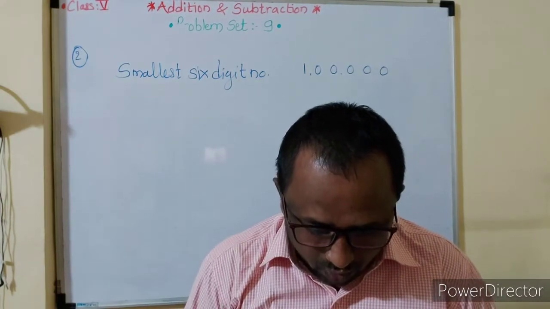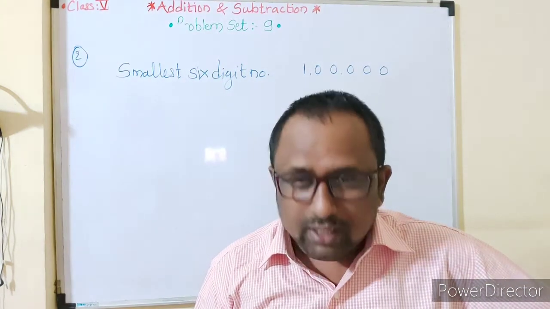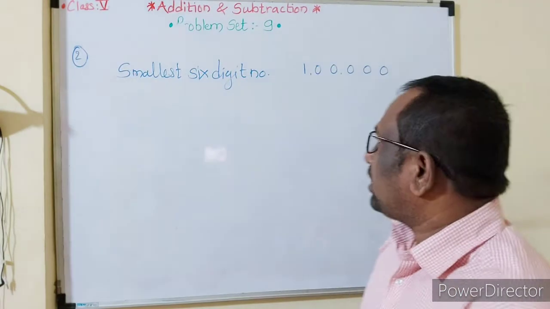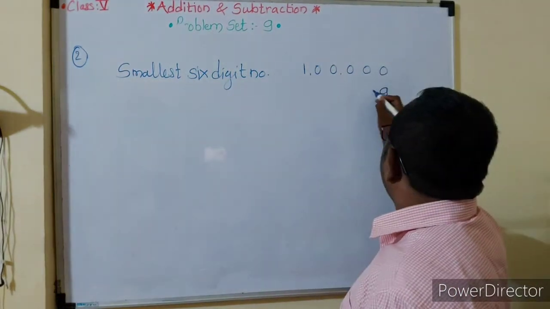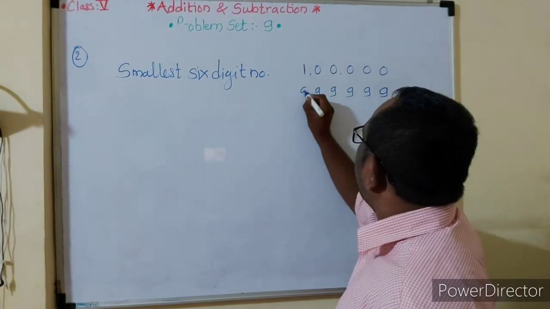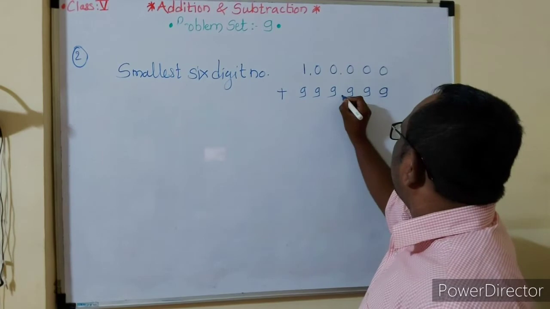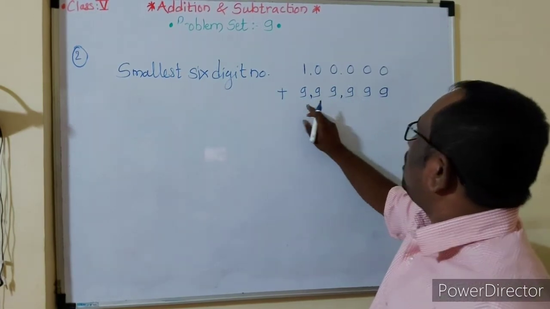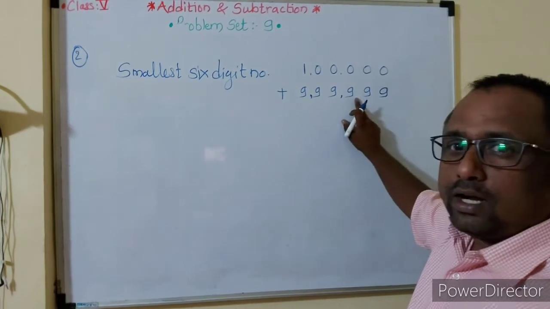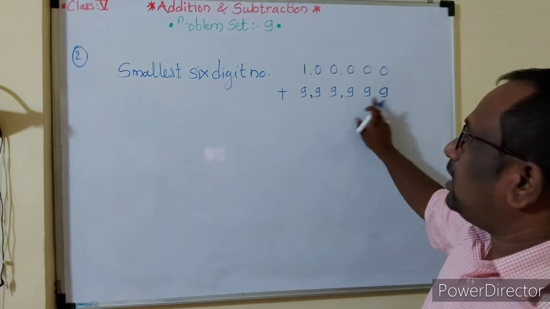Now we have to add the largest 6-digit number. The largest 6-digit number means six 9s. We'll write 9, 9, 9, 9, 9, 9. So how will you get this? Here up to this is 100, then 9 lakh 99,999.